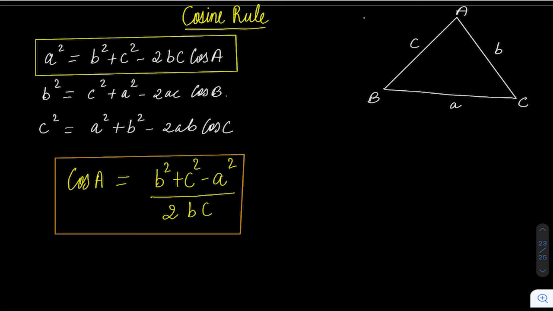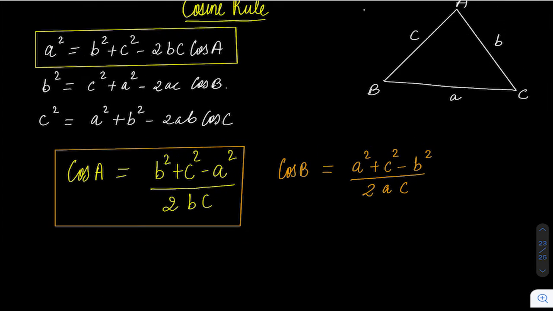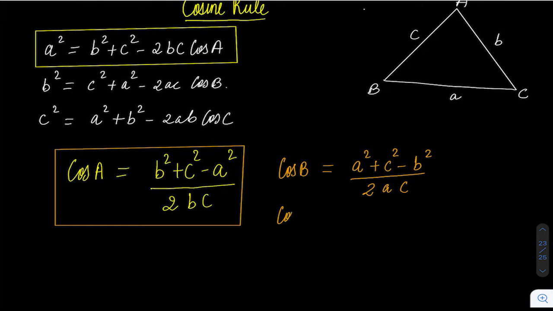Similarly, if you want to write the value of cos B, it will be the other two sides squared, that is a squared plus c squared minus, obviously, b squared, divided by 2ac. And similarly, you can write cos C also.